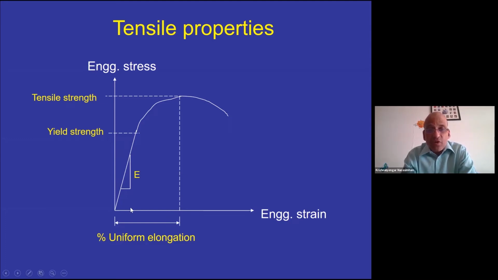Then we have what we call the uniform elongation. This uniform elongation is a measure of loosely what we can call formability. Typically, the larger this elongation, the easier it will be for us to do the forming operation. So this gives you one indicator, one measure of the forming capability of a sheet metal. So these are directly measured parameters in a tensile test.